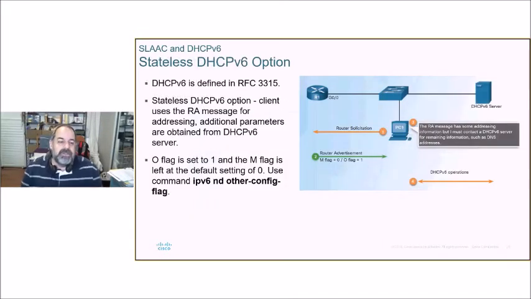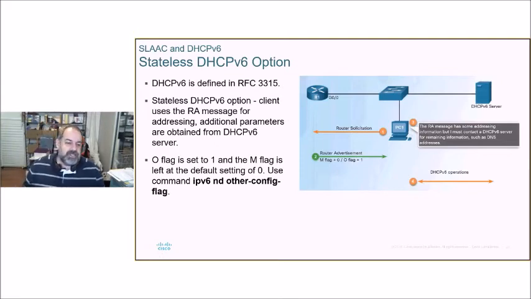And so you can have the stateless DHCP option, and with that, you need to change the message. The client uses the RA message for addressing, but it gets additional parameters from a DHCP server, as I said. So the O flag is set to 1, which says other information.